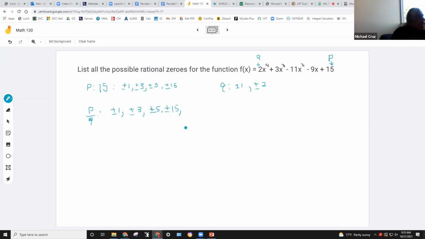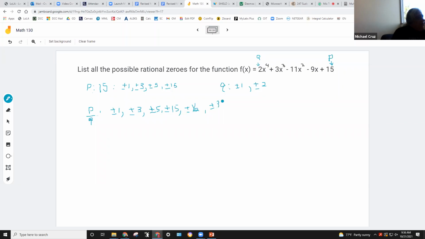Now let's do plus or minus 1 over 2, which is going to be 1/2. And then 3 over 2 is plus or minus 3/2.